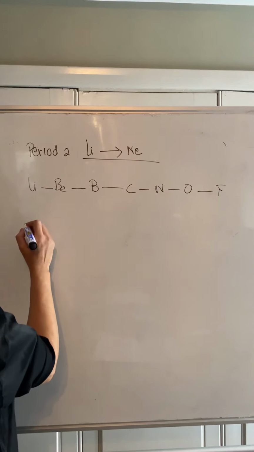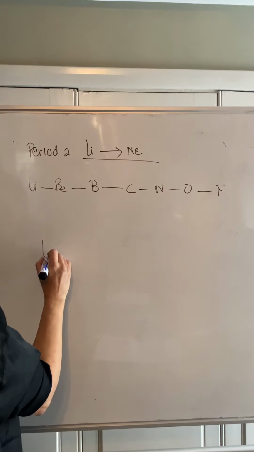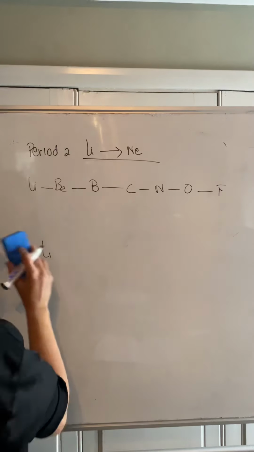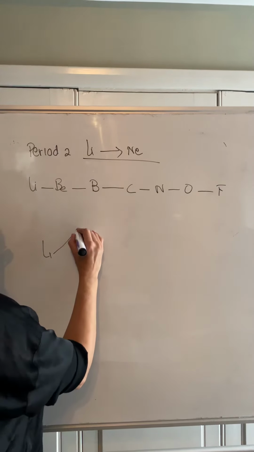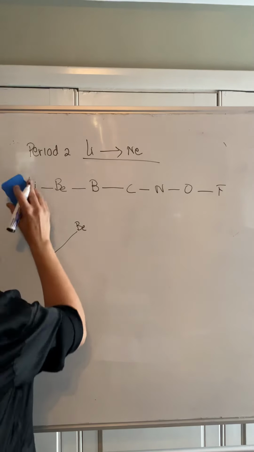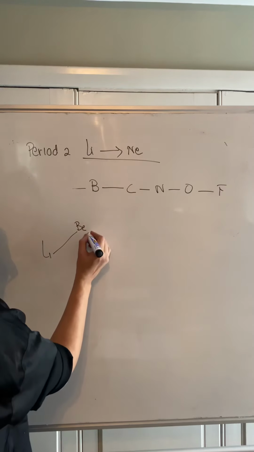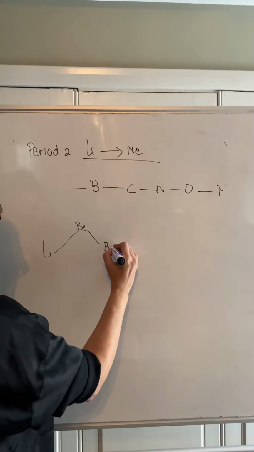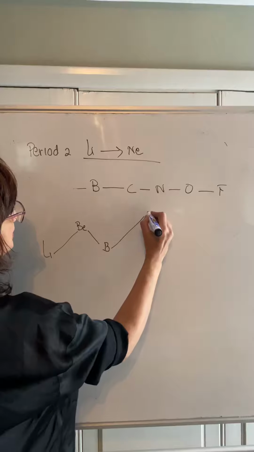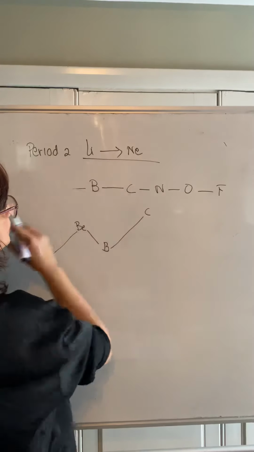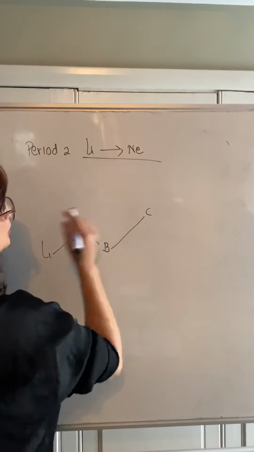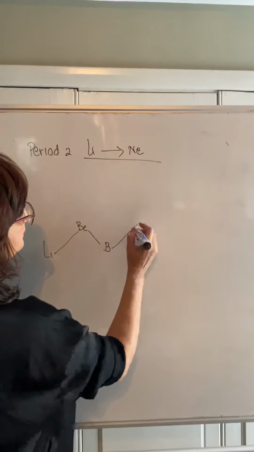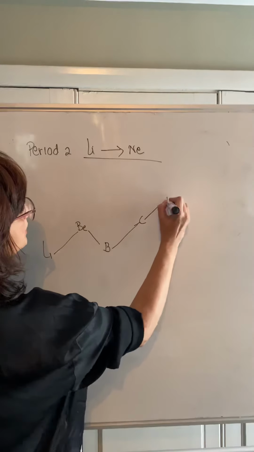So what happens is lithium has a low ionization energy to begin with, and it increases to beryllium, so it gets higher. Then from beryllium you go down a bit to boron, so it goes low, and then it goes back up to carbon, and up to nitrogen.